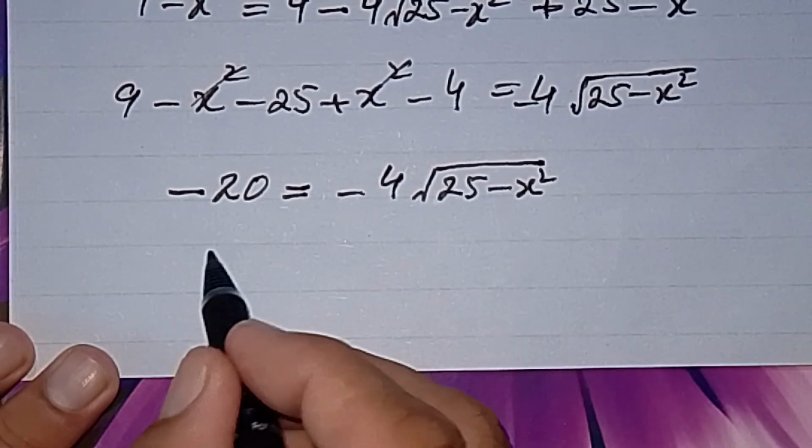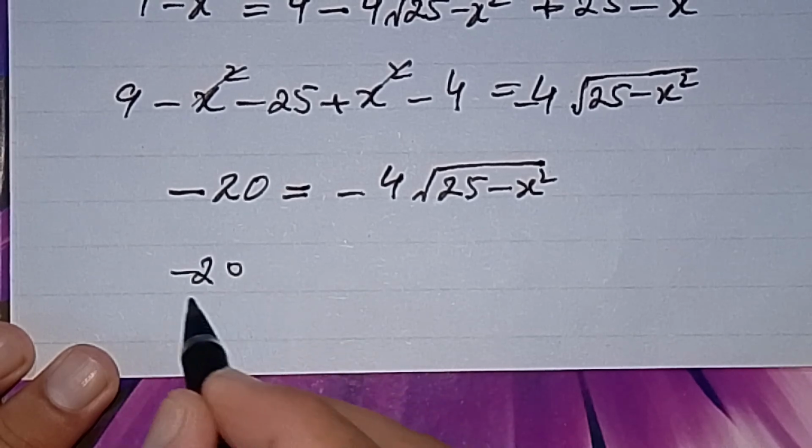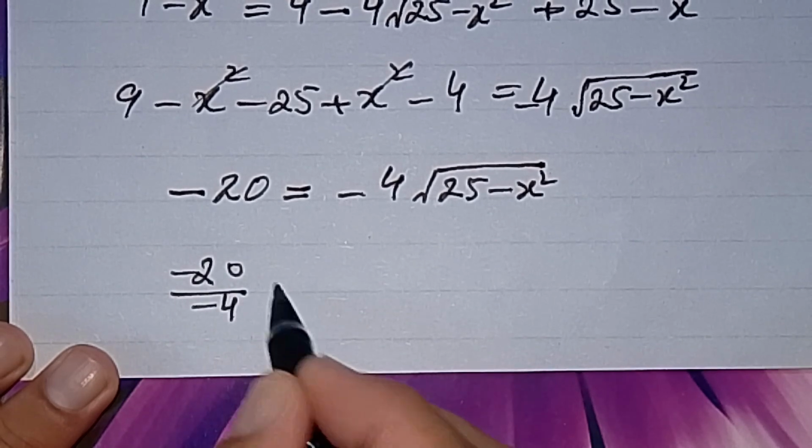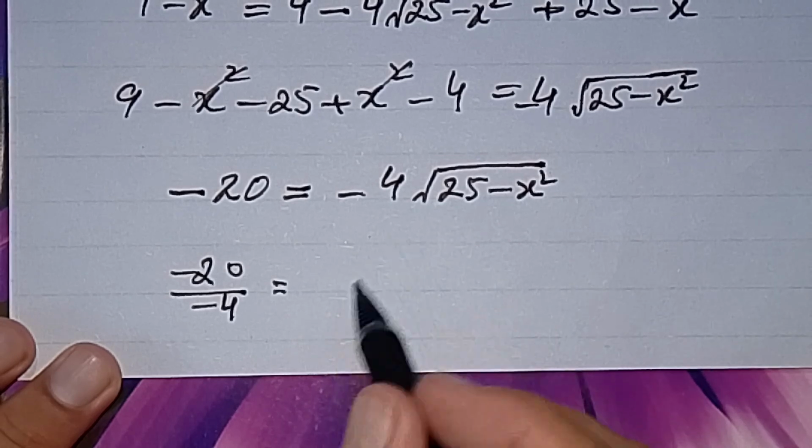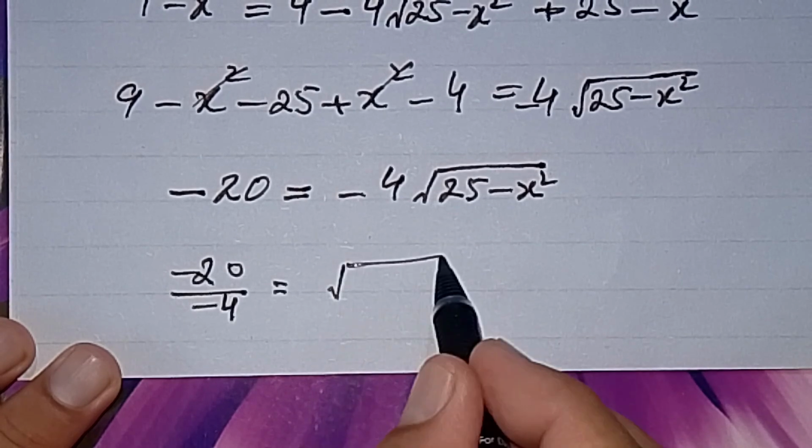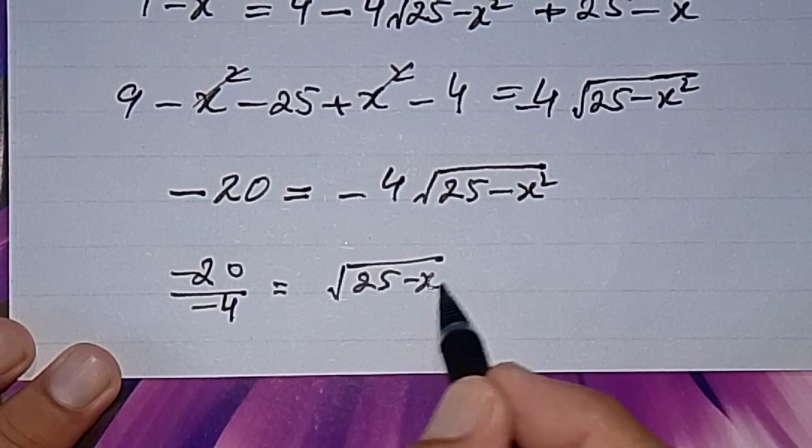Now minus 20 over minus 4 is equal to under root 25 minus x square.